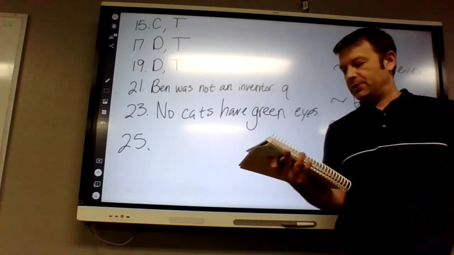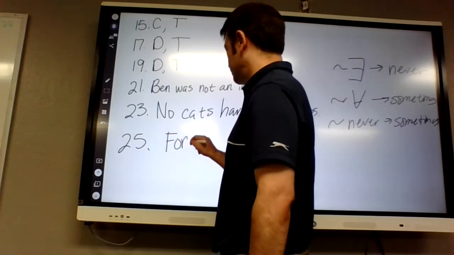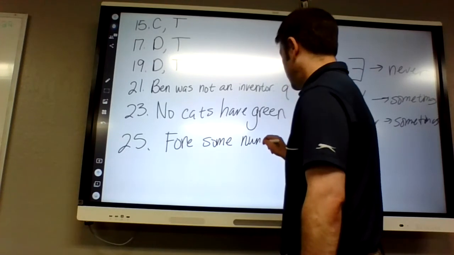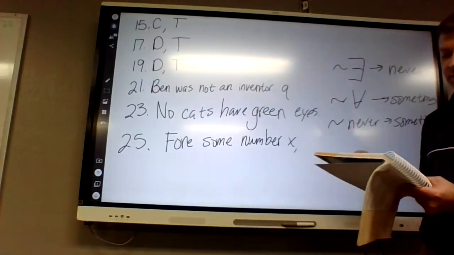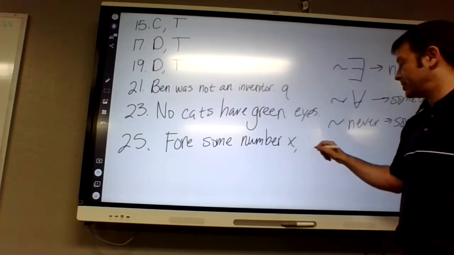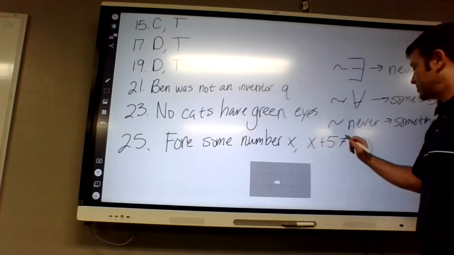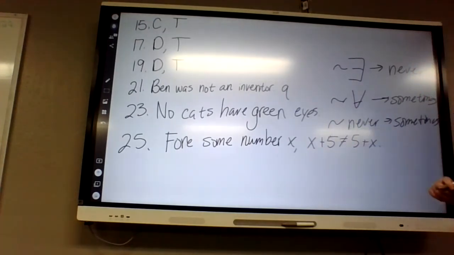For some numbers, or some number, you just need at least one. And then we also really need to negate the other part. For some number x, x plus 5 is not equal to 5 plus x. Do you guys see what I did there? I negated the all and the equals.